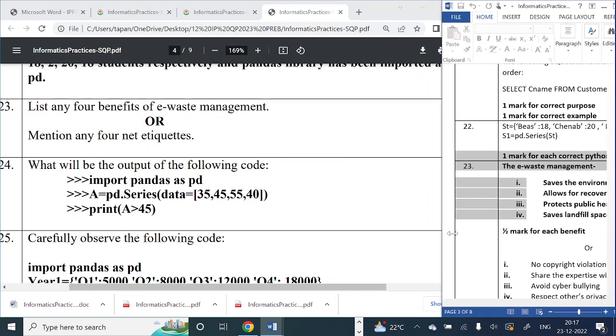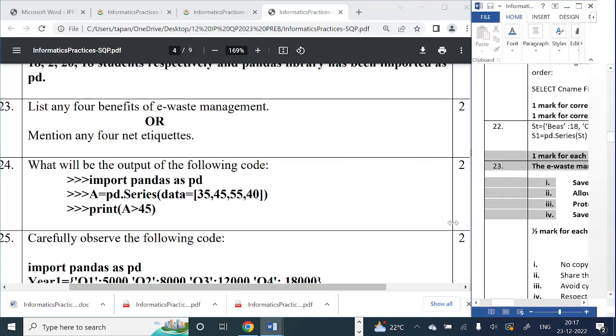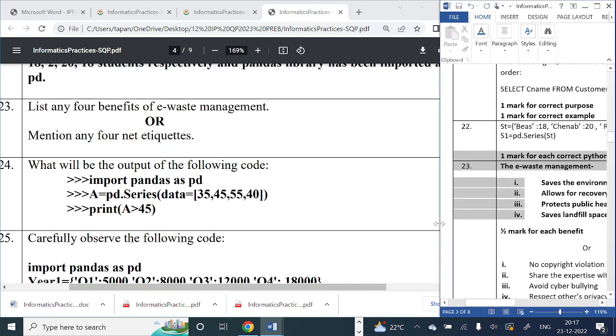Now we will go to the next question. So let us solve the next one. Mention any 4 net etiquettes. Whenever we are using the internet, we should follow some etiquettes, like we should use proper words, we should not bully or troll somebody, no plagiarism should be there.